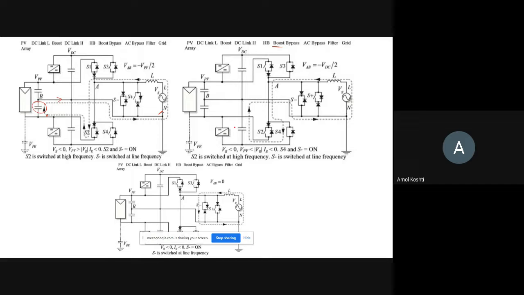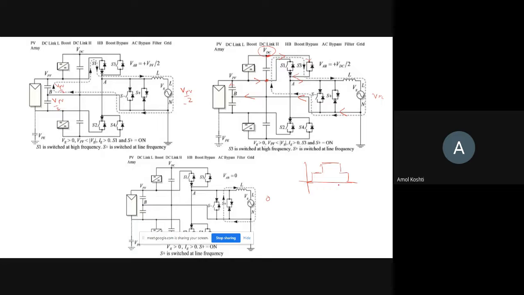They are using this capacitor for boosting and producing one more level. I will show it in the previous slide. And here 0 is produced. So again 0, VPV by 2, this can be VDC, and VPV by 2 and again 0. In this way the output can be produced.